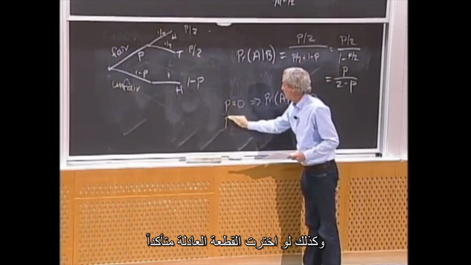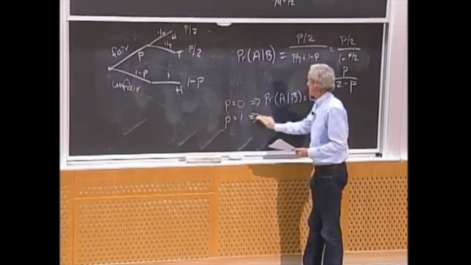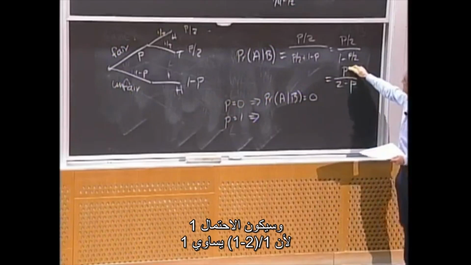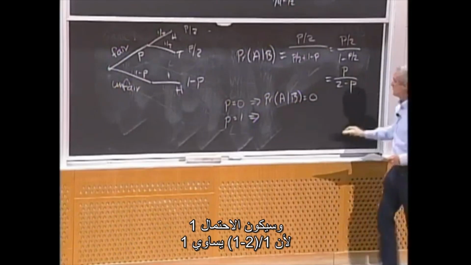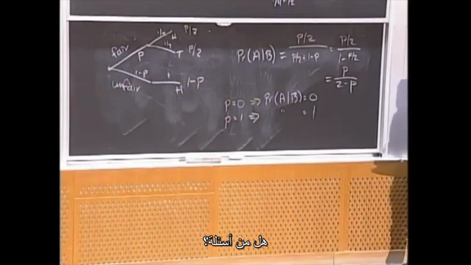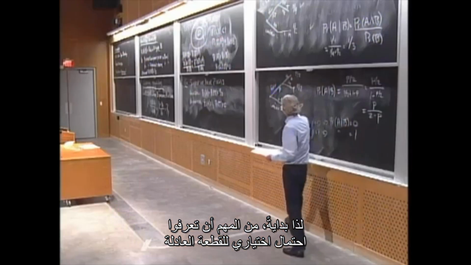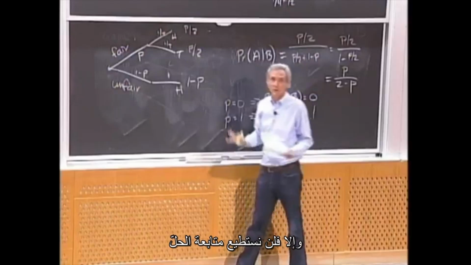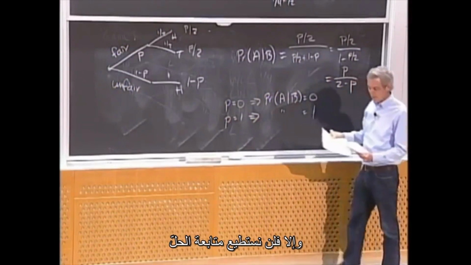Same thing if I picked the fair coin for sure. Better be the case this is 1. So I get 1 over 2 minus 1, it's 1. Any questions? So it's important you know the probability I picked the fair coin to start with. Otherwise, can't go anywhere.